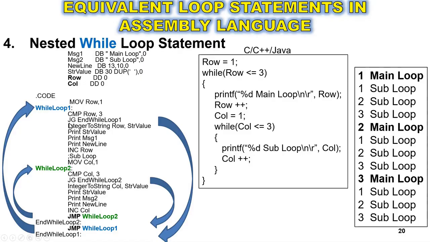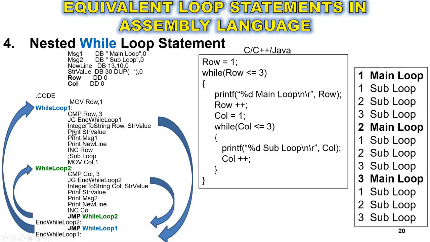Next to that, I use the conditional jump if greater than to the end while loop 1. So we are trying to compare, is 1 greater than 3? And it is false. So it will not yet stop repeating our main loop.